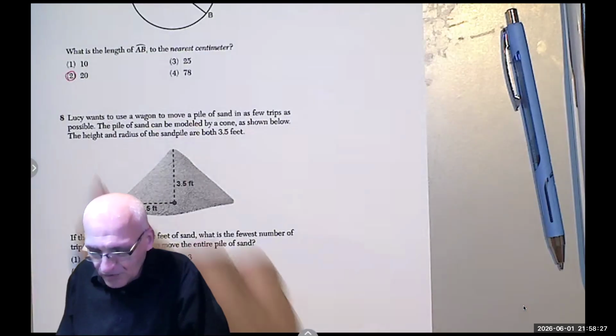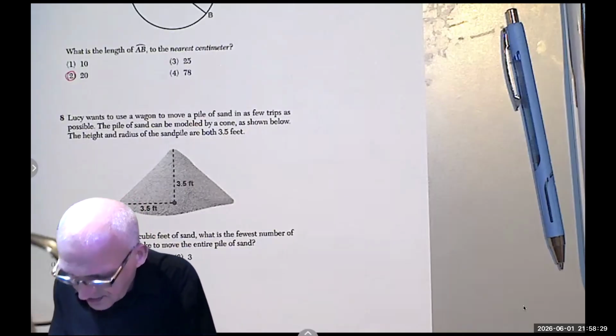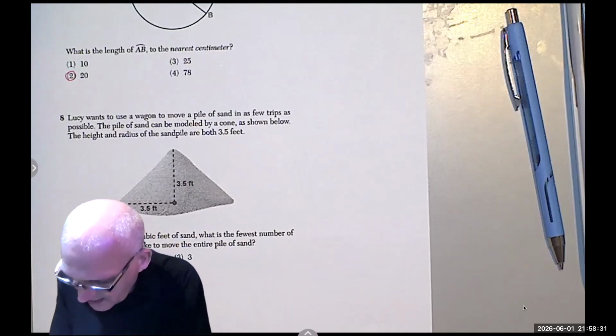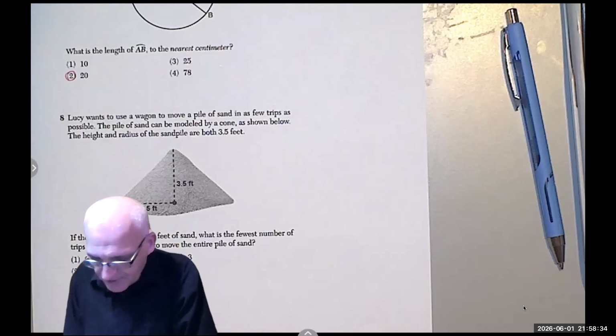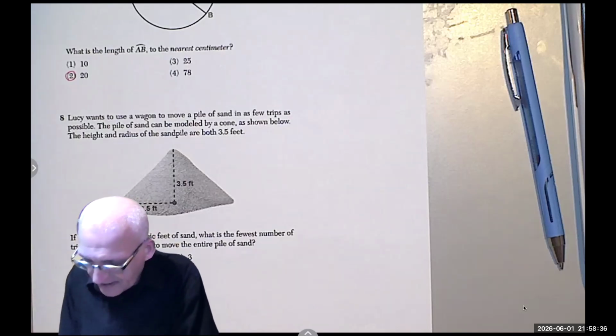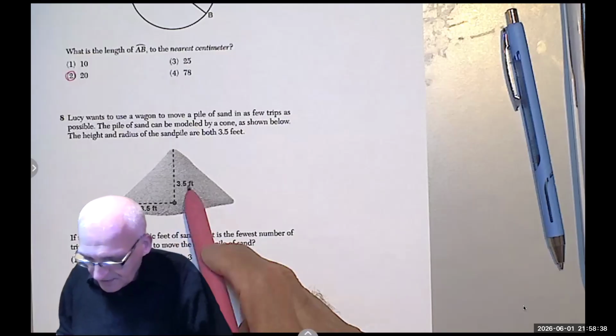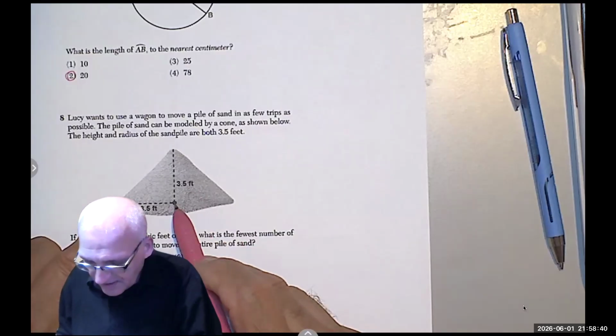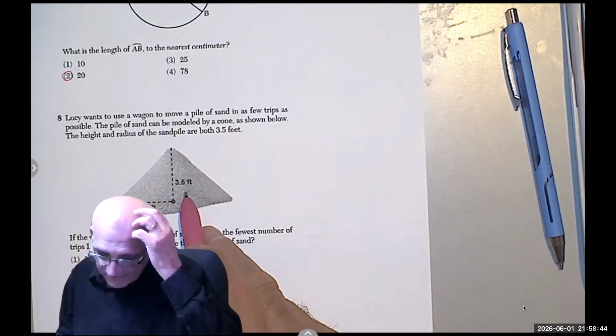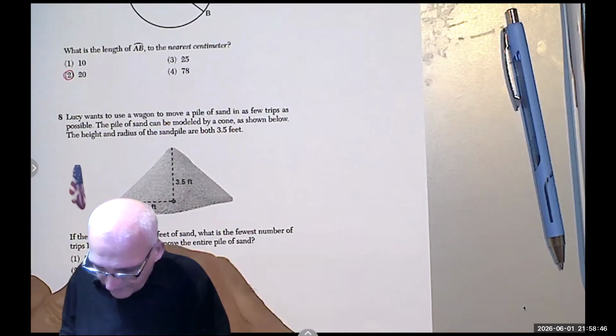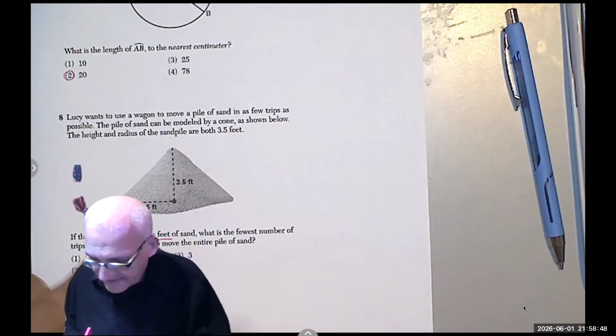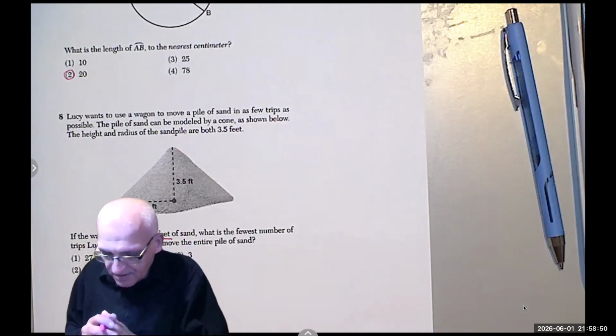Alrighty. Lucy wants to use a wagon to move a pile of sand in as few trips as possible. The pile of sand can be modeled by a cone as shown below. It has a radius of base of 3.5 and a height of also 3.5. If the wagon holds 5 cubic feet of sand, what is the fewest number of trips?